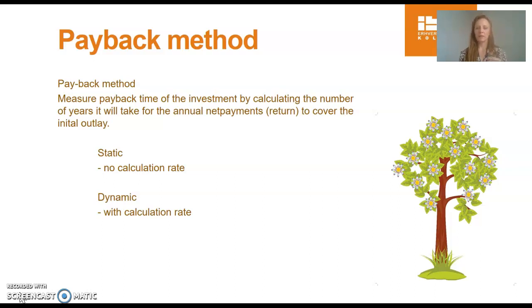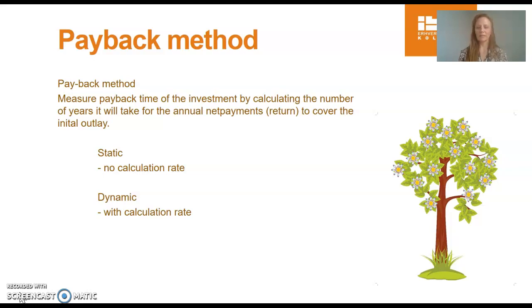We do that in a way we call static, where we do not take the calculation rate into consideration. And then we do it in the dynamic way, where we do take the calculation rate into consideration. Now, as I have explained previously and we talked about in class, the calculation rate is something that we use because money loses value over time.